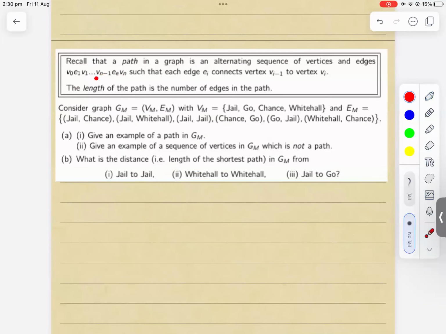So this gives you a path such that each Ei connects the previous vertex to the vertex written on the right-hand side of this Ei. The length of the path is the number of the edges. Okay, consider this guy here.